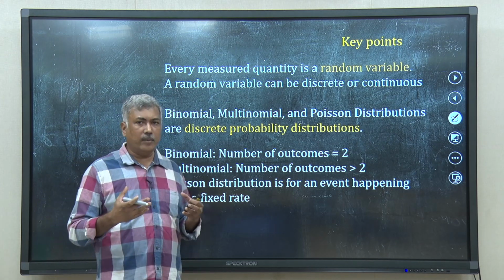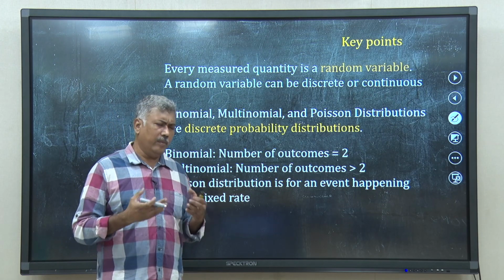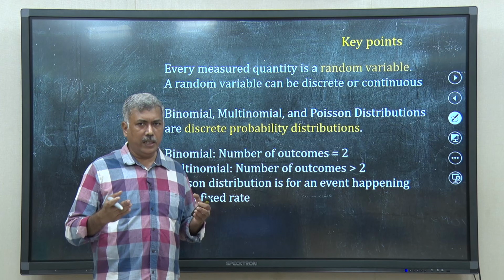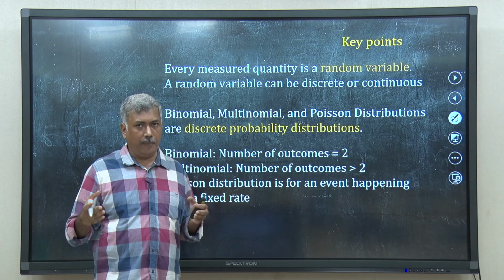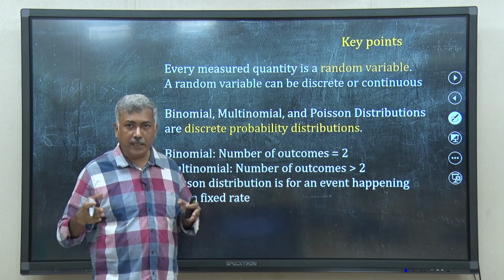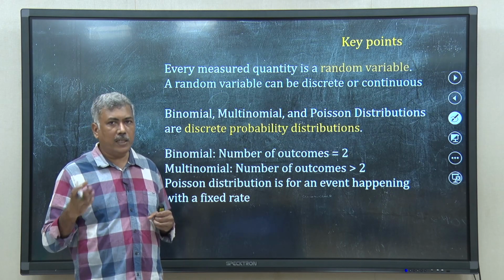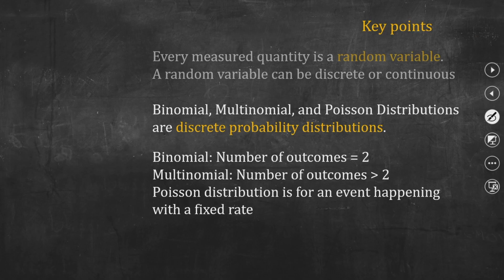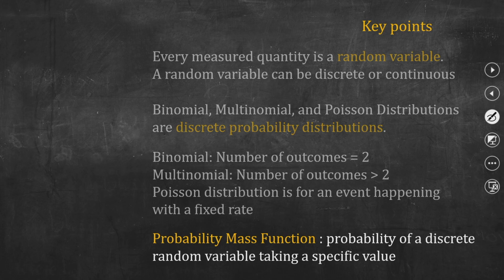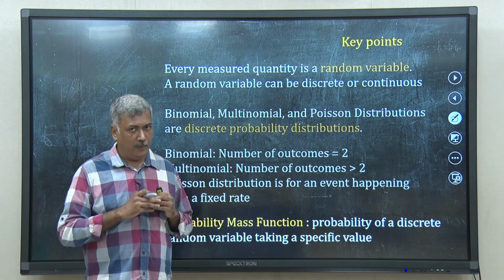And if we are dealing with a random event happening independently, repeatedly with a fixed rate, and we know the average number of times that will happen in a particular interval of time or space, then we can use the Poisson distribution to calculate the probability of a particular number of times that event will happen in that interval. And we have to remember that the probability mass function, for each of these 3 distributions, is nothing but the probability of a discrete random variable taking a specific value.